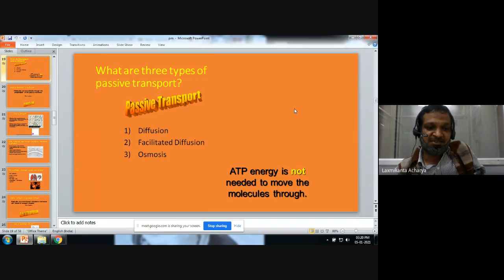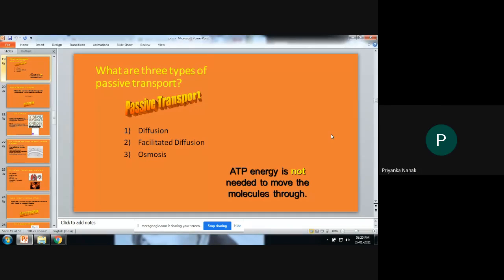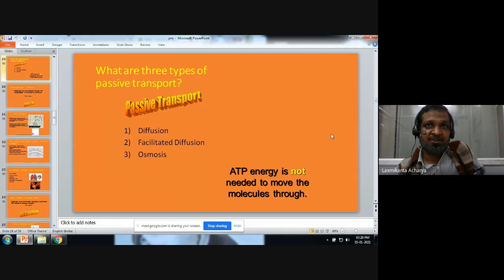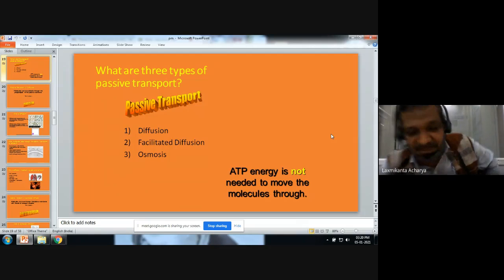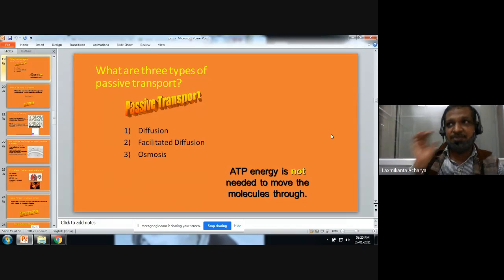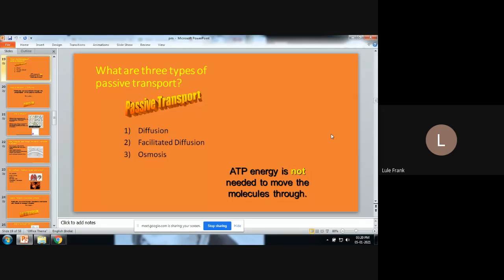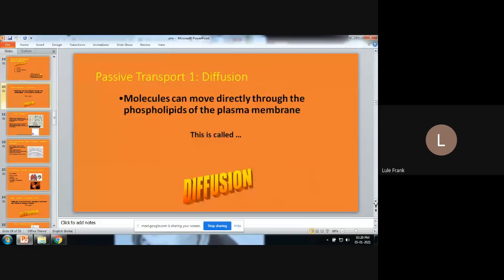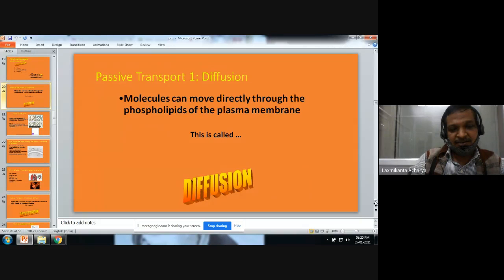Which is responsible? Carrier protein, or channel protein, right? So what is the difference between a carrier protein and a channel protein? A channel protein has a pore, while carrier proteins do not have open pores. Can you repeat your answer, please?